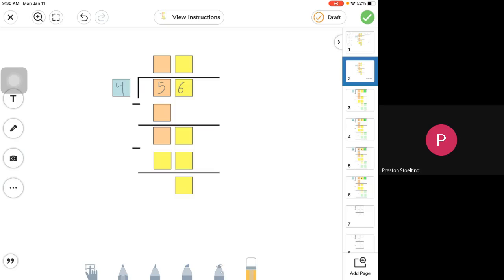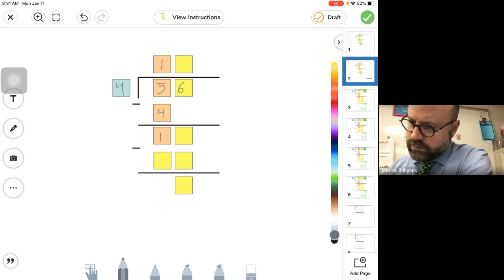That's 1. Put it on the top orange. Very good. How many times does 4 go into 1? 4 times 1 is 4. Put it right under the 5. 5 minus 4 is 1. So put the 1 on the last orange. Okay.